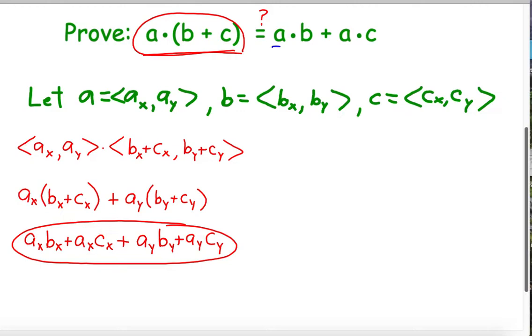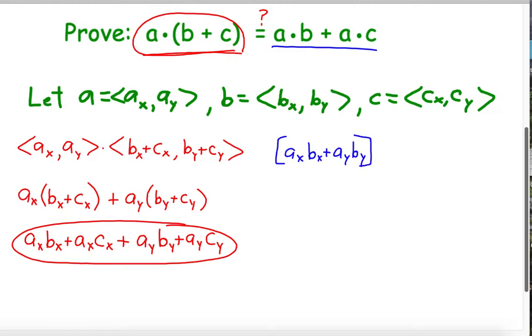Let's switch colors. Let's do this in blue. I want to do A dot B. So when I do A dot B, I'm going to get A sub x times B sub x plus A sub y times B sub y. And then plus, put these in brackets here.